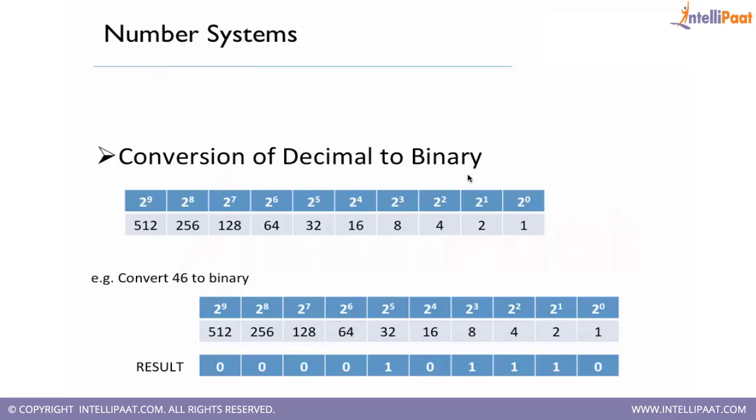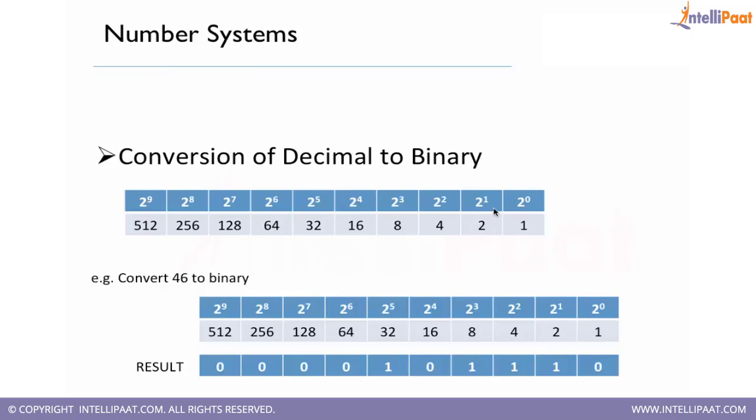Generally, for every number, 1 in binary format is 2 to the power 0, and 2 to the power 0 is equal to 1. So 1 is represented as 1 into 2 to the power 0, and everything else is 0.